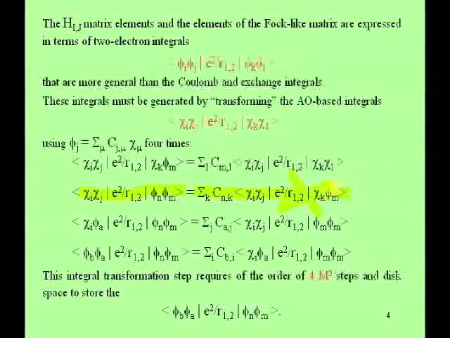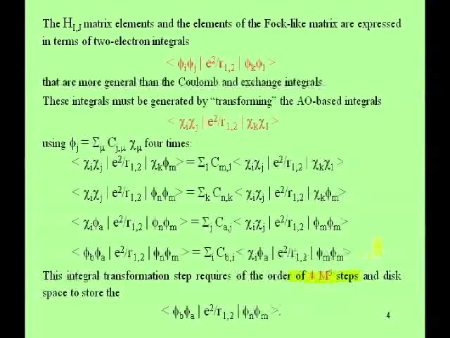I know this sounds sort of crazy to go through this, but that's a second partial transformation, and that takes another m to the 4th operations. Then we take this list, multiply by another c, and sum over the j to get the next one. Then finally, we take that list, multiply by another c, and sum to get the fully transformed integrals. So this 4-index transformation is carried out in 4 sequential steps, each of which requires of the order of m to the 4th operations, m to the 5th operations.